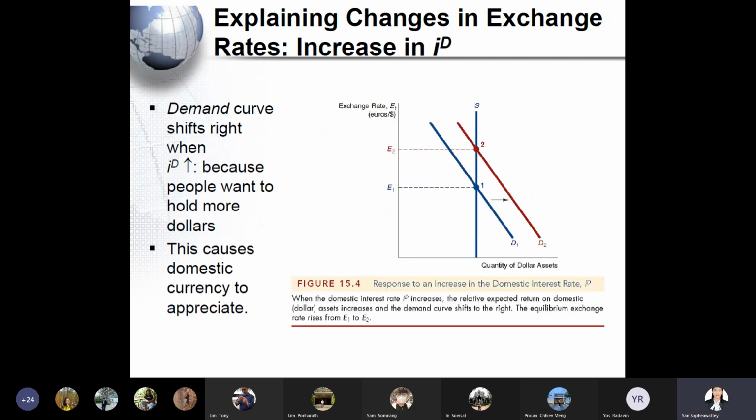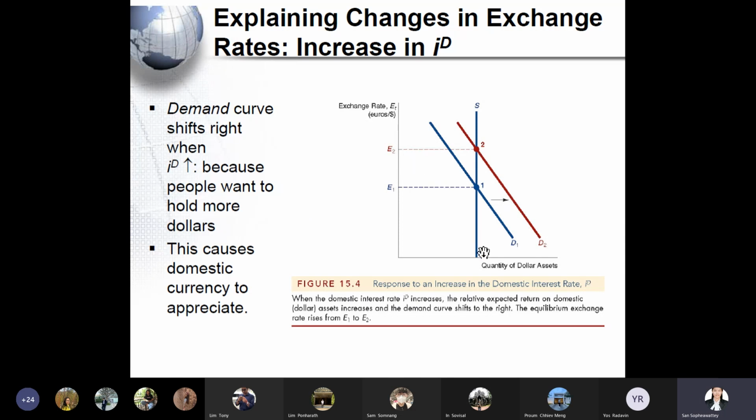So for example, now we say there is an increase in the interest rate domestically. When the domestic interest rate on dollar assets increases because people want to hold more dollars, this will cause the domestic currency to appreciate.